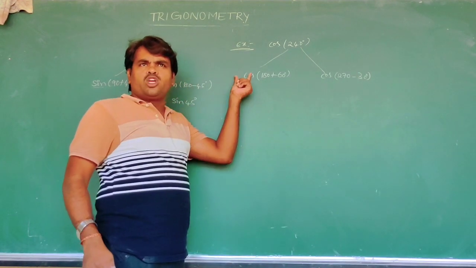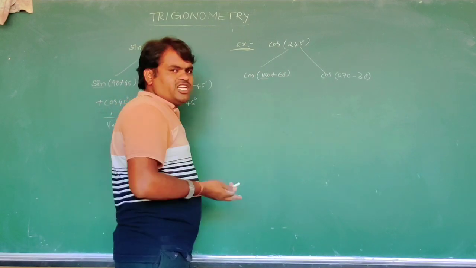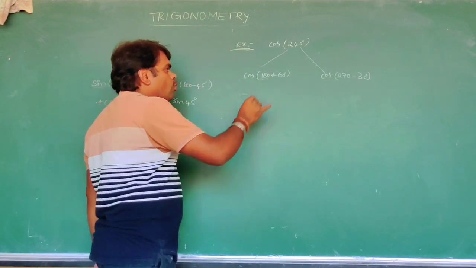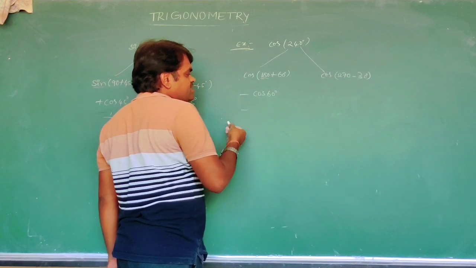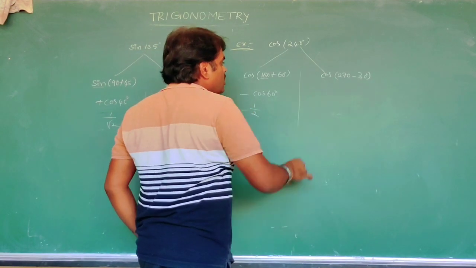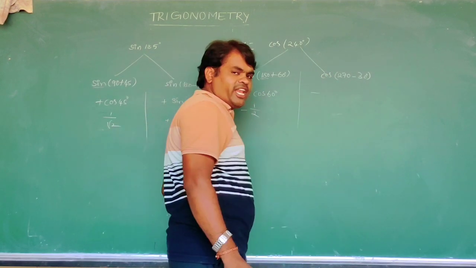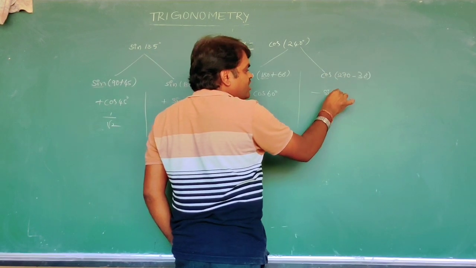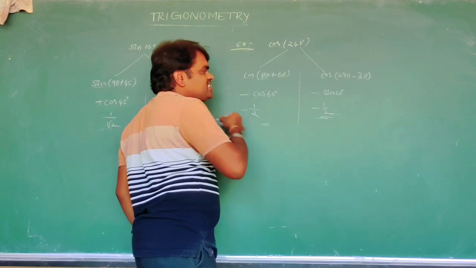Here we observe 90 plus theta, but 180 plus theta is the third quadrant. In the third quadrant cos will be negative. 180 will be there, so the function does not change: minus cos 60, and cos 60 value is 1 by 2. Now 270 minus theta is the third quadrant. It says cos will be negative. 270 will be there, so the function changes: sine 30. What is the sine 30 value? 1 by 2. We get the same value.